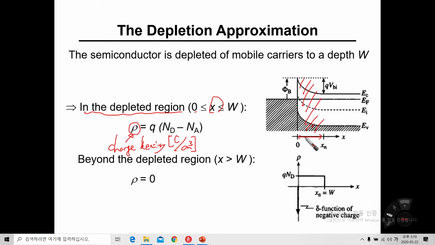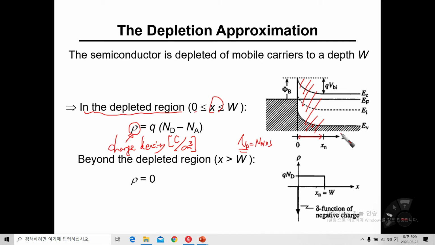Without any specific comments, we can basically assume that the semiconductor is uniformly doped with donors. Uniformly doped means ND of x is simply a constant value. But this n-type semiconductor region is usually formed on a p-type substrate, right?